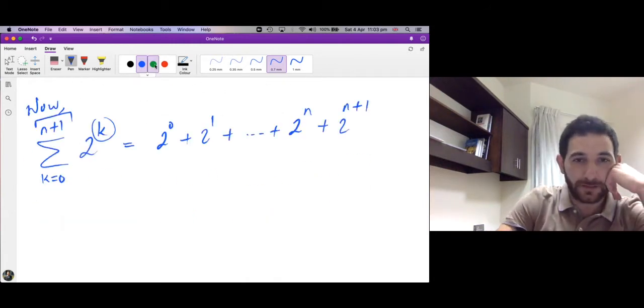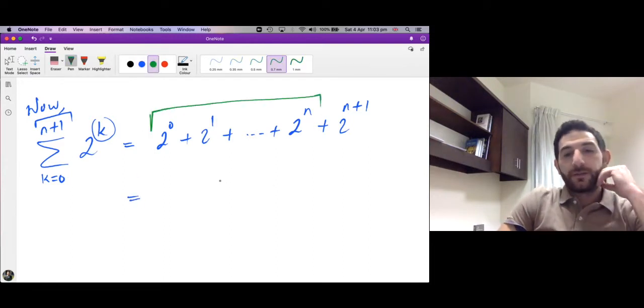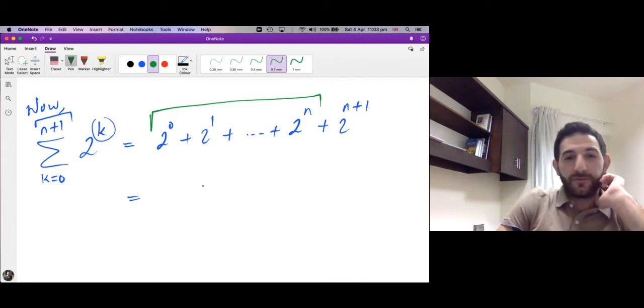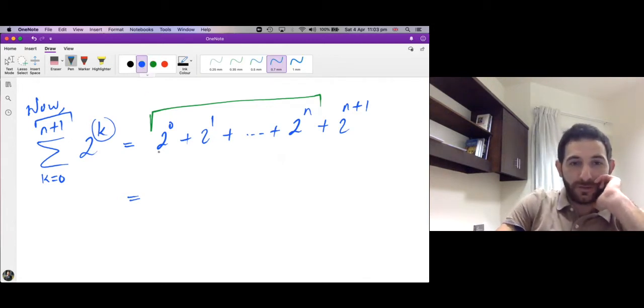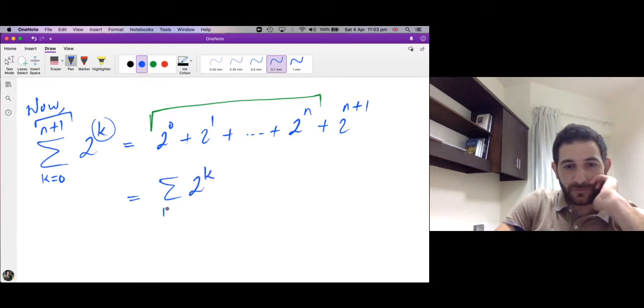But now again, we care about these numbers because they are involved in P of n. So we know that these are the summation of the powers of 2 from 0 up to n, plus the last term.